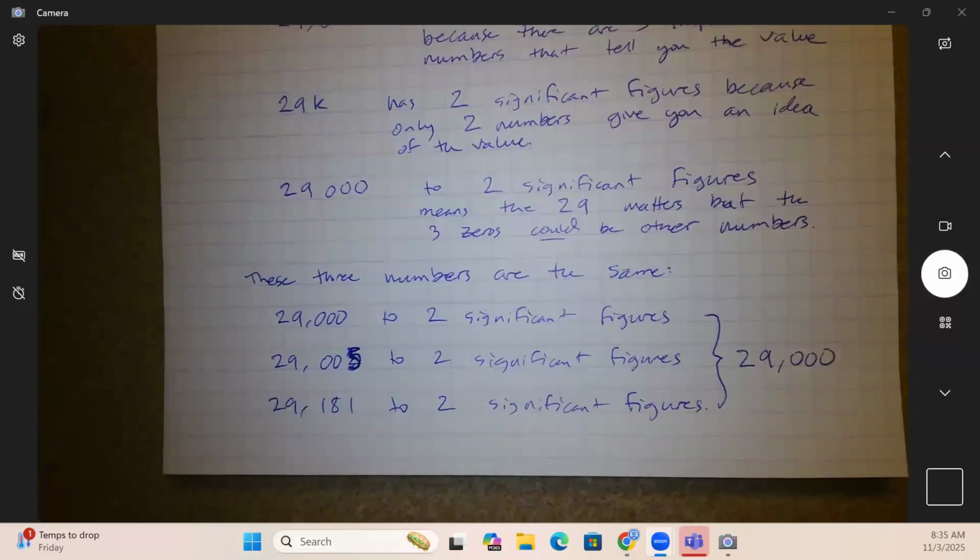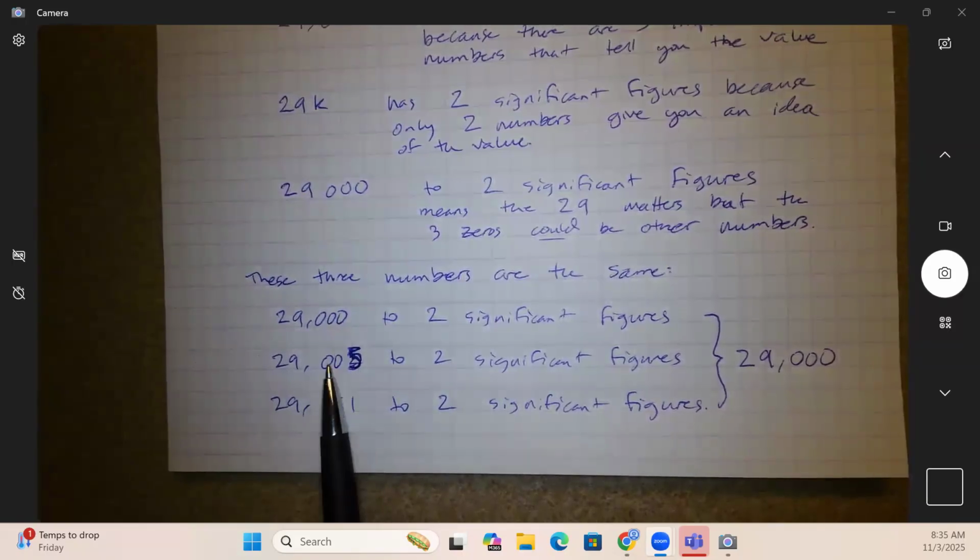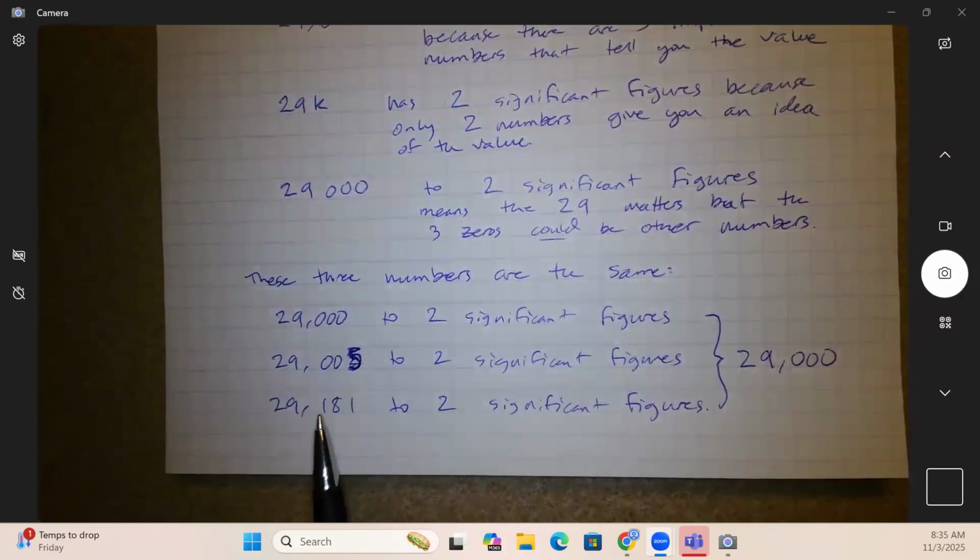All three of those numbers might as well be written as 29,000, because the numbers that are useful for figuring out the value are only the first two. And the other numbers, in this case 3 zeros, in this case 005, in this case 181, those really could be anything. You could think about it as measurement error.